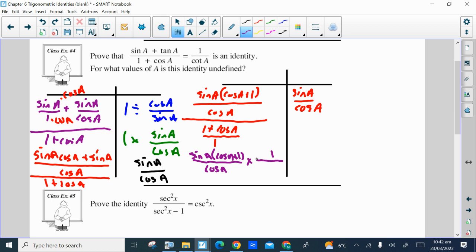I'm going to multiply by 1 over 1 plus cos A. And now we have a factor of cos A plus 1 on top and a factor of 1 plus cos A, which is the same as cos A plus 1. Those cancel. And you are left with sine A times 1 over cos A times 1. You are left with sine A over cos A, which is what the right side is. So you're done.